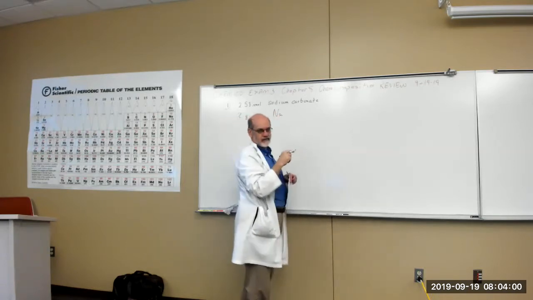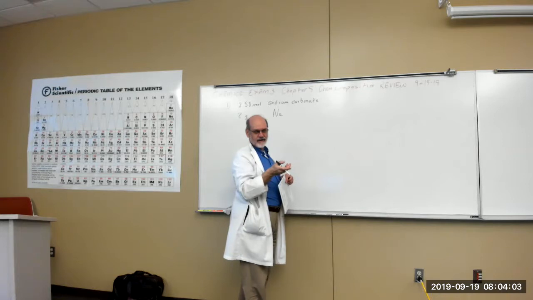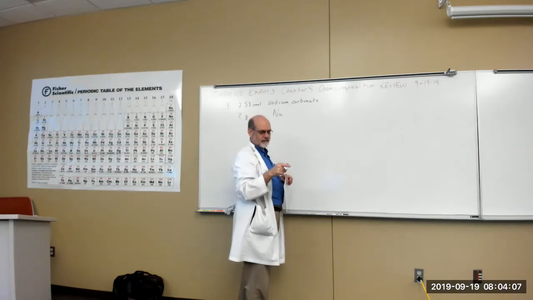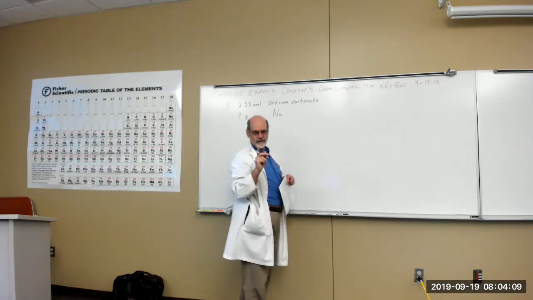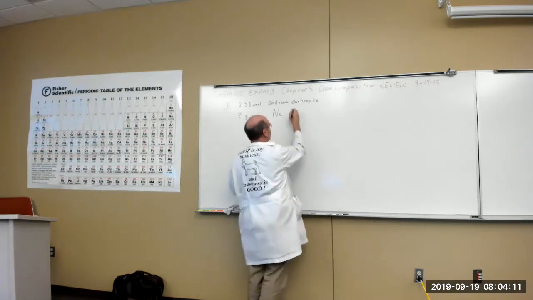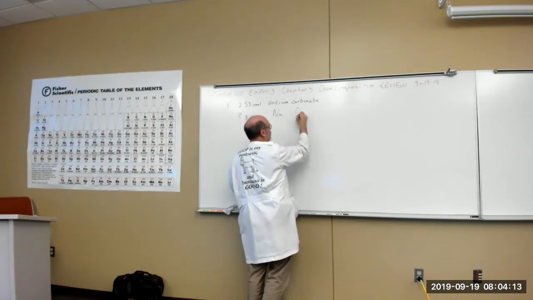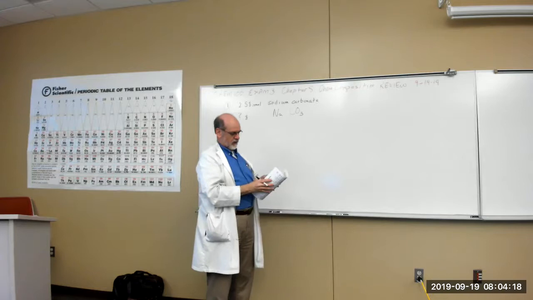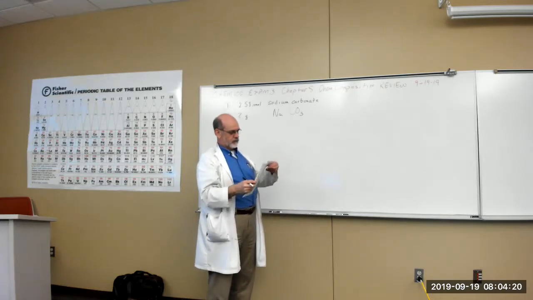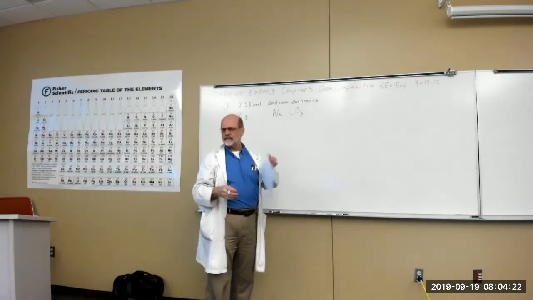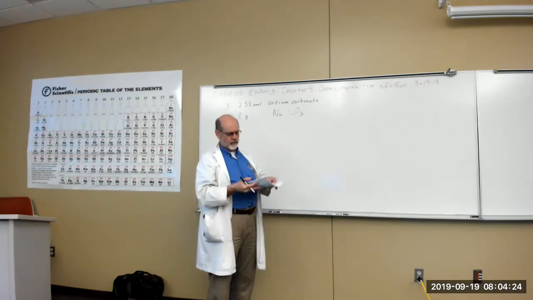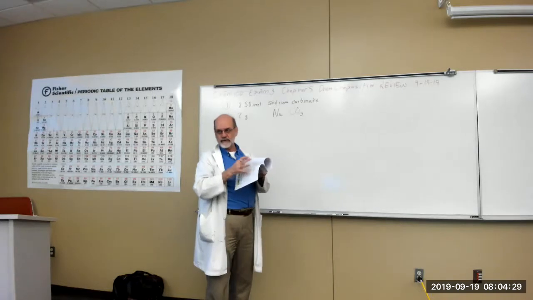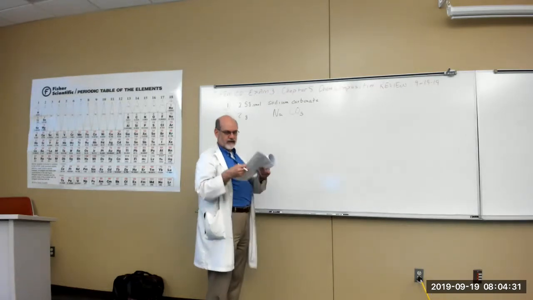Carbonate is CO3. Yeah, now that's useful information. Take a look. I handed one of these out. Anything in the back, useful information, will be on the test. You'll have that available.